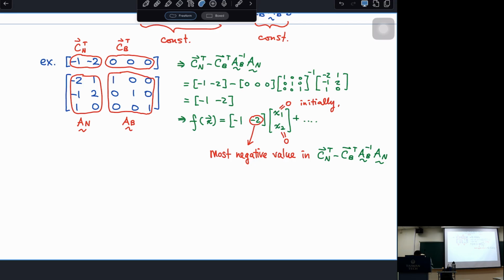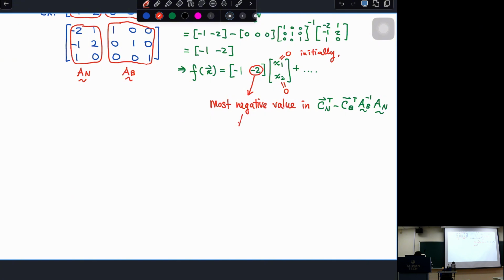And the index, the corresponding non-basic variable will be converted, will be increased from 0 to some positive value.